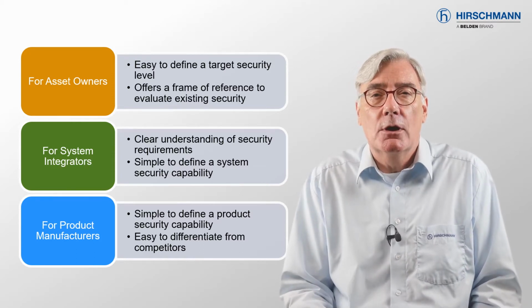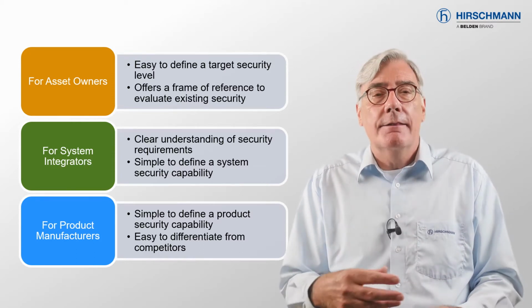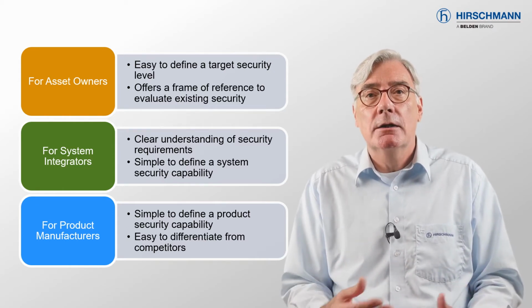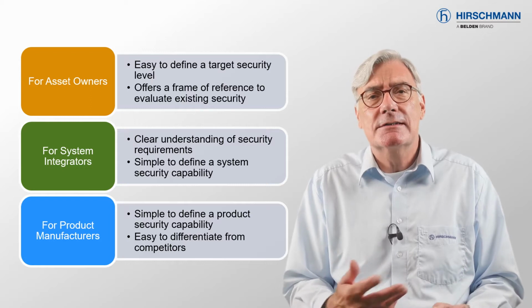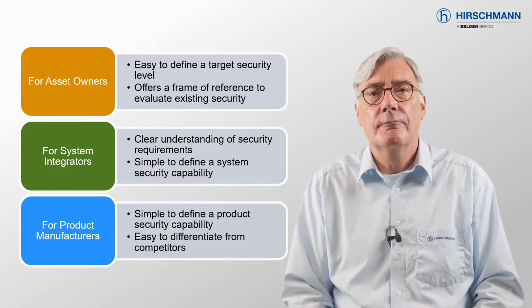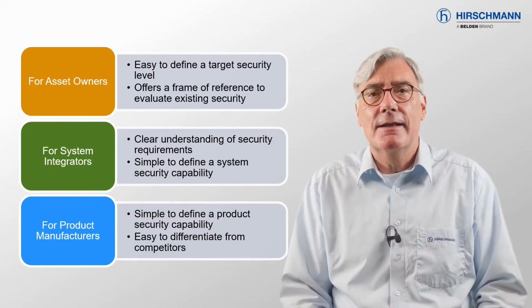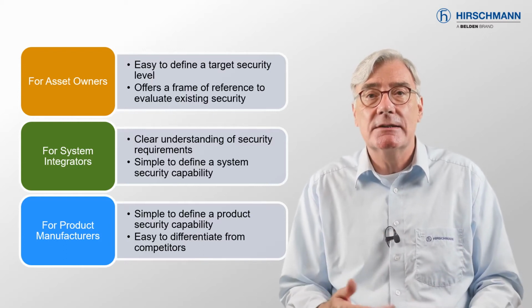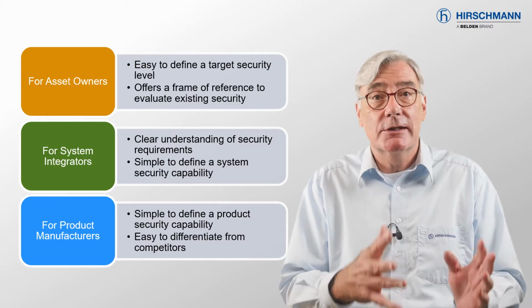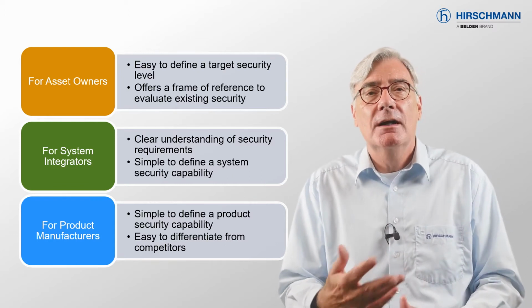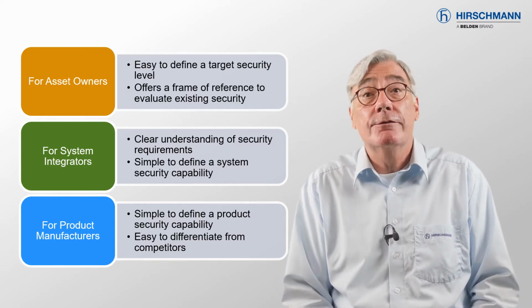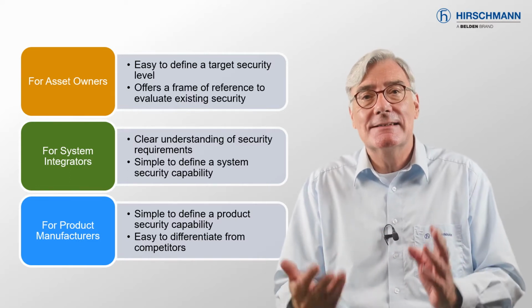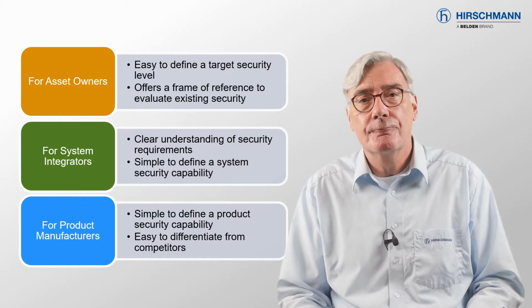If a network already exists, the asset owner can use the standard as a benchmark to determine the current security level. For the system integrator, the standard provides an unambiguous statement of the asset owner's security requirements. It also offers confirmation that the IACS meets the required security level.